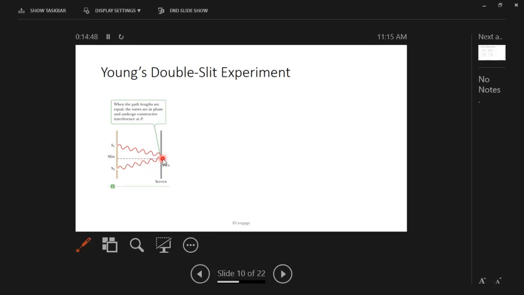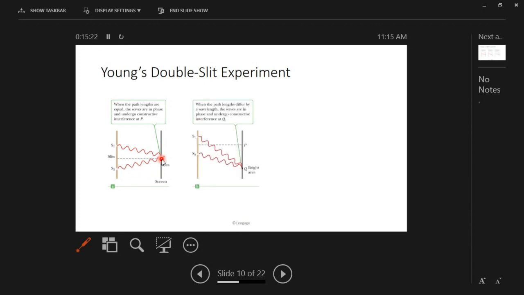And since the path difference is 0, there is no phase difference between the two waves. As a result, these two waves are going to interfere constructively. So you expect to see a bright fringe at that center. That bright fringe is usually called the central bright fringe, and it usually has the most intensity. It usually is the brightest.